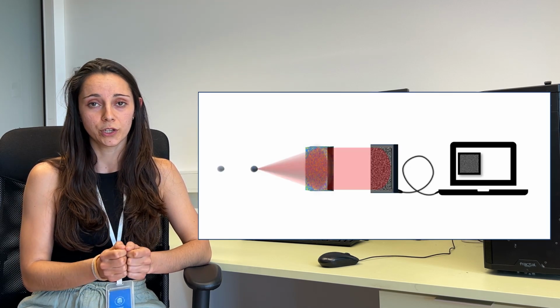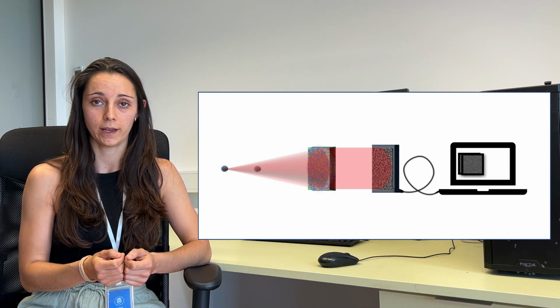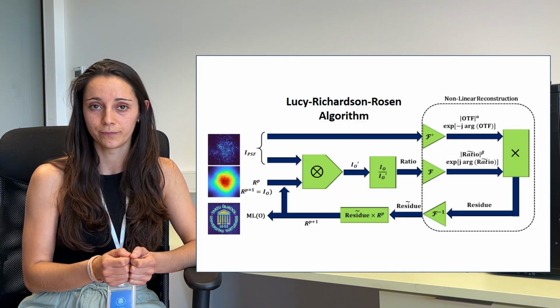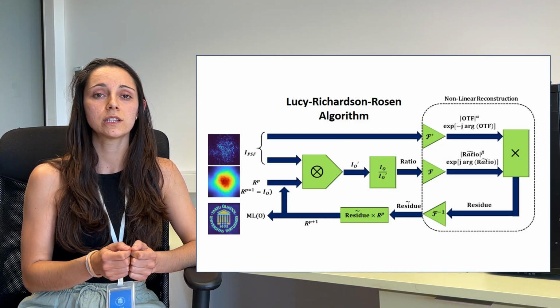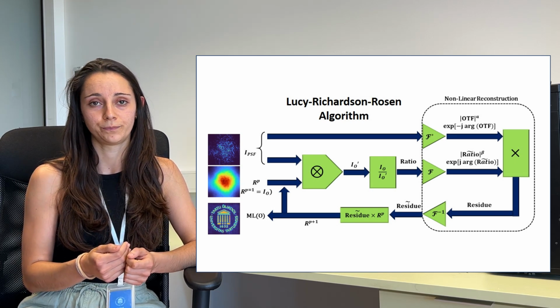The simulations were carried out to evaluate the 4D imaging capabilities and depth wavelength reciprocity behavior during 4D correlation. These simulations involved reconstructing objects located at different depths and illuminated with different wavelengths. The reconstruction was done using the Lucy-Richardson-Rosen algorithm, an iterative algorithm consisting of forward convolution and backward nonlinear correlation.